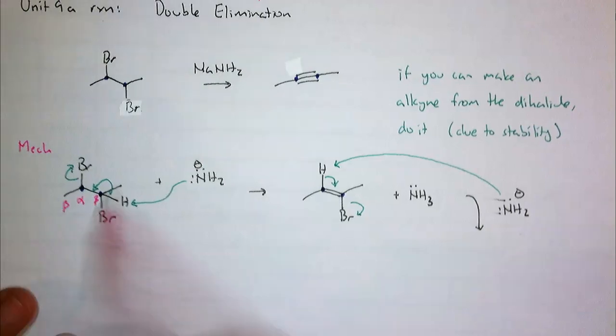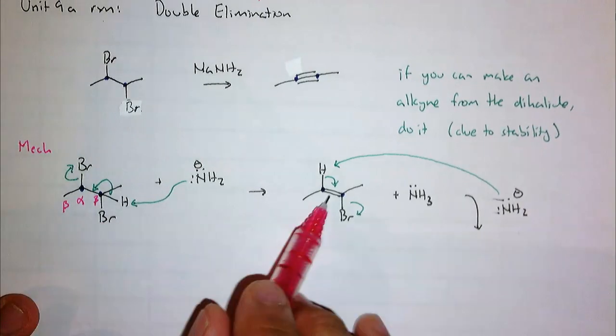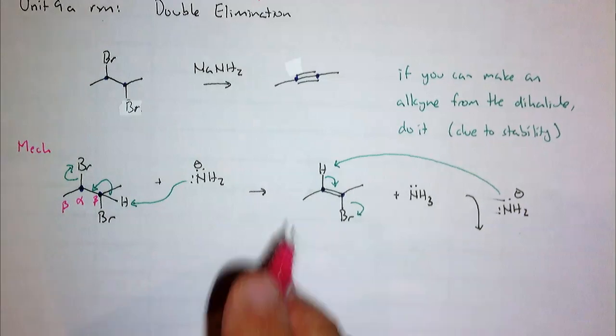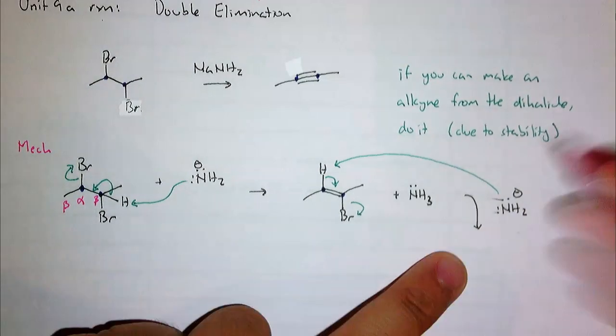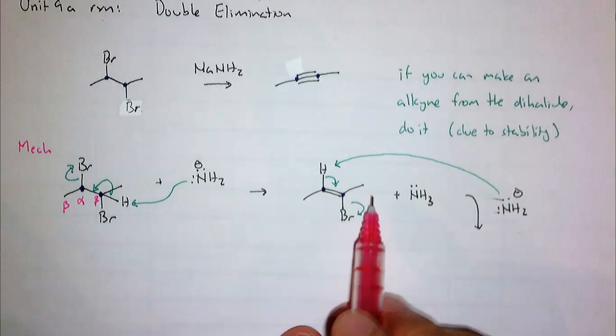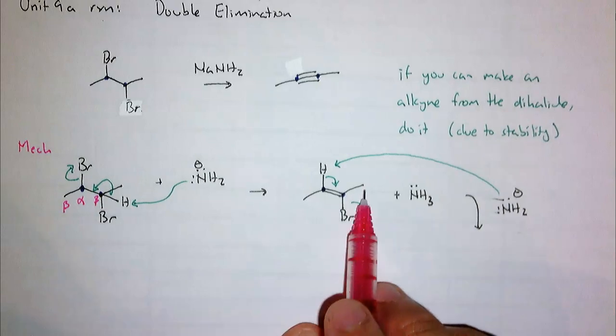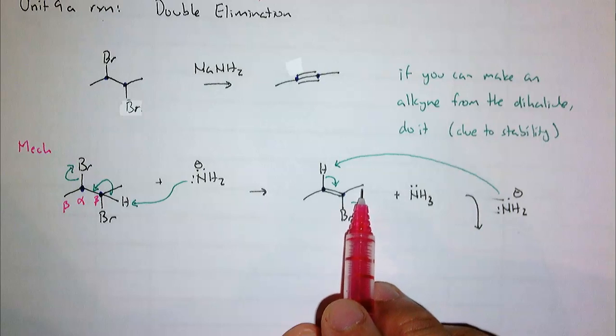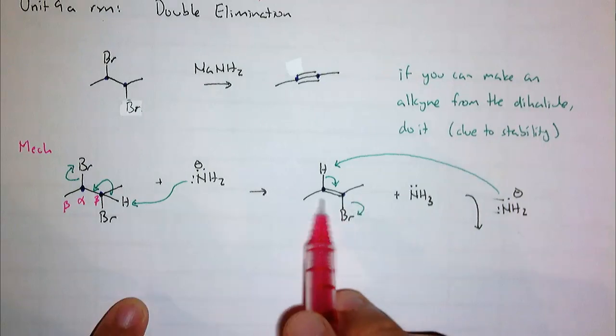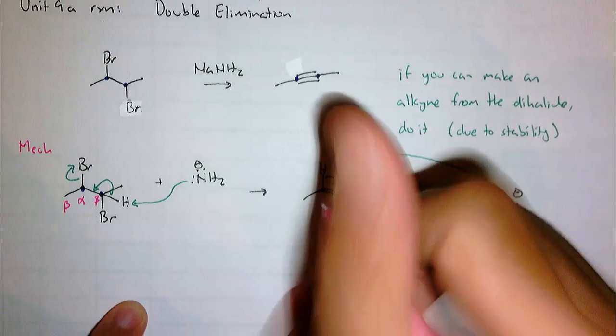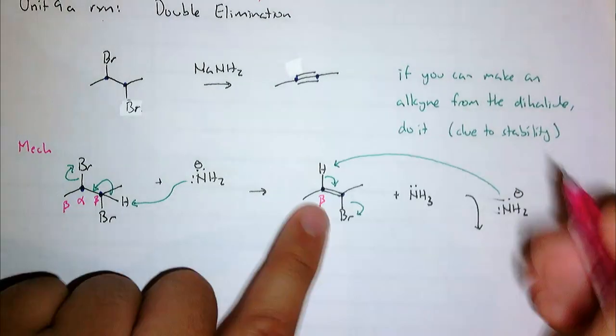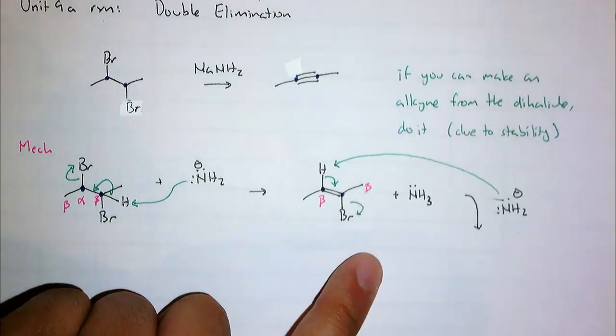You notice that I remove the beta hydrogen that makes the more substituted double bond. Okay. Here, right, I could have taken off this beta hydrogen on the primary carbon, but again, I want to make the alkyne, so I'm going to remove the beta hydrogen on the left, not on the right.